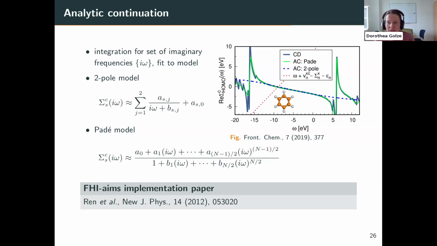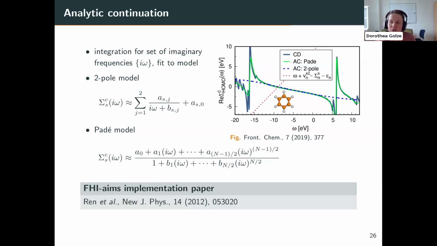In my experience, for valence states it's numerically stable enough, with valence states going from 0 to minus 20 eV. Then it starts to get numerically problematic: you will run a second time with a different number, and your values start to fluctuate at 10 to the power of minus 3. The deeper you go, the worse it gets.